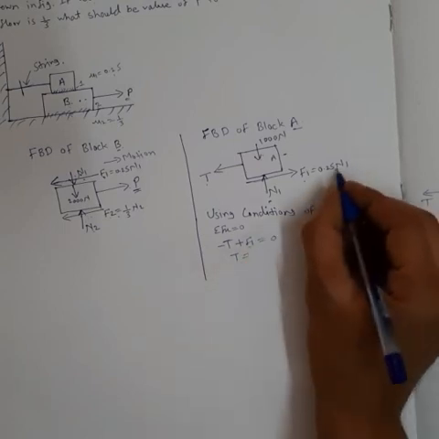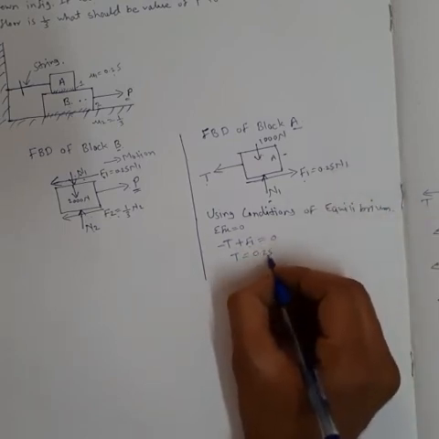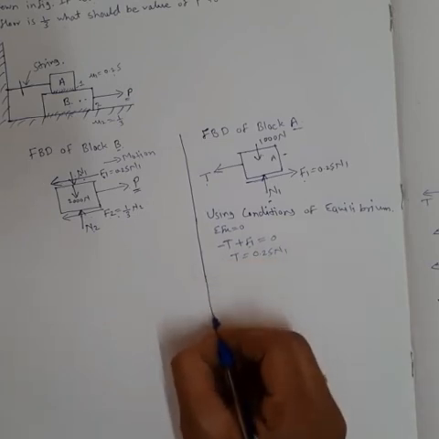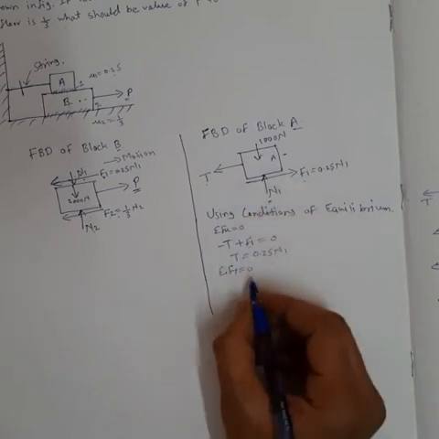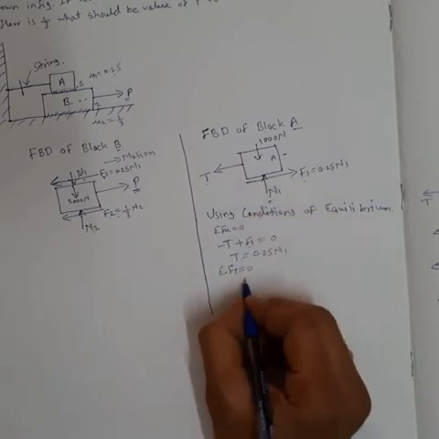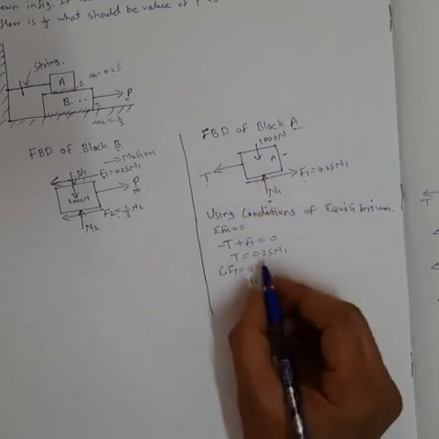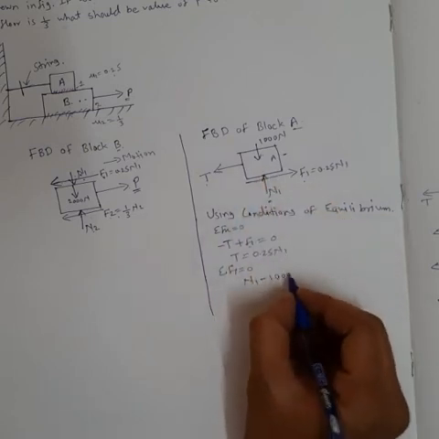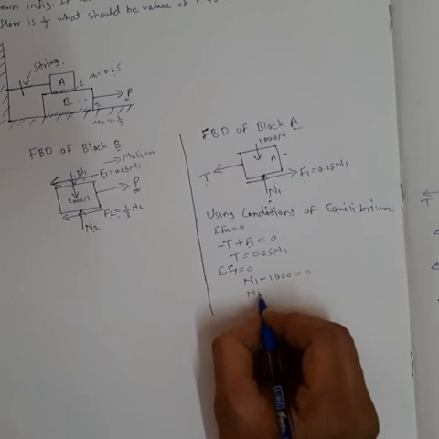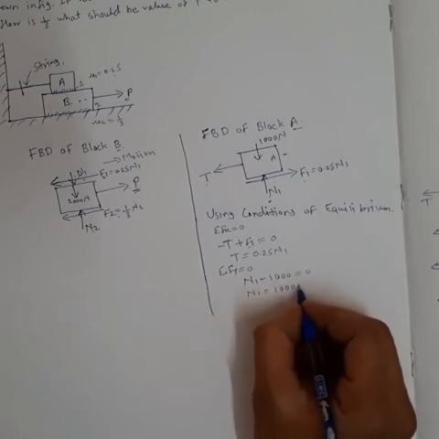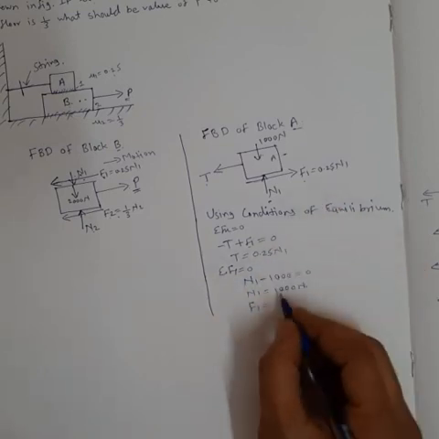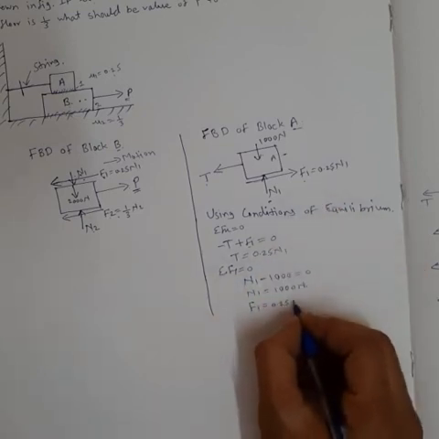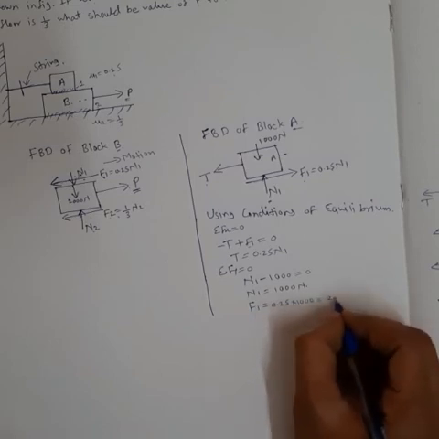So for F1 we can write 0.25 N1. Then using second condition, algebraic sum of vertical component of forces is equal to 0, so that will give us N1 acting upward, therefore positive, minus 1000 Newton is equal to 0, so we get value of N1 as 1000 Newton. Then using that value we will get value of F1, so that will be 0.25 into 1000, so that will be 250 Newton.